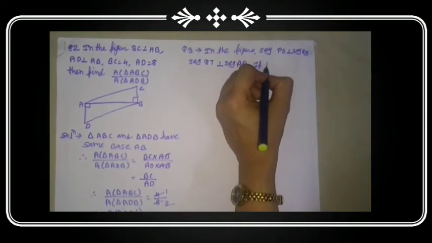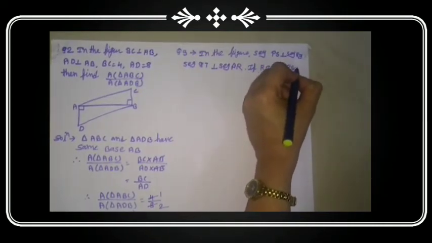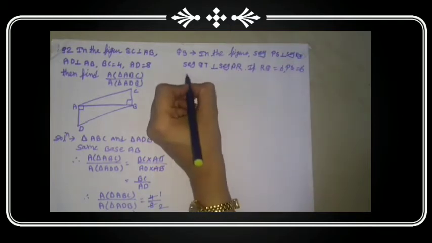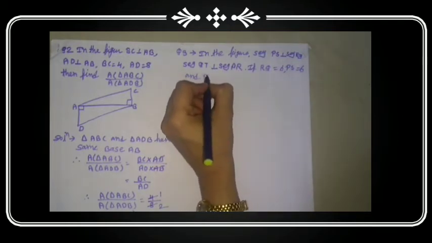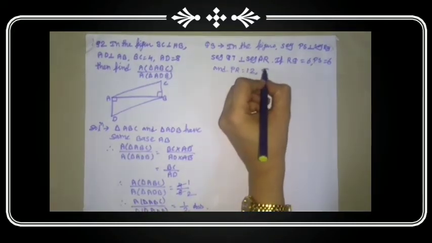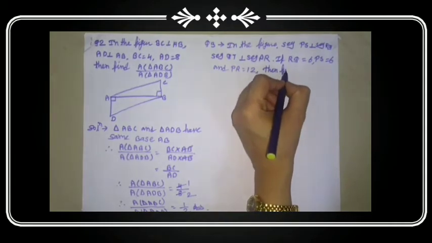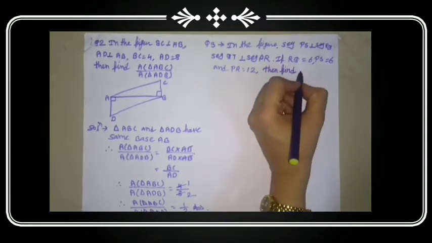If RQ equals 6, PS equals 6 and PR equals 12, then find QT.